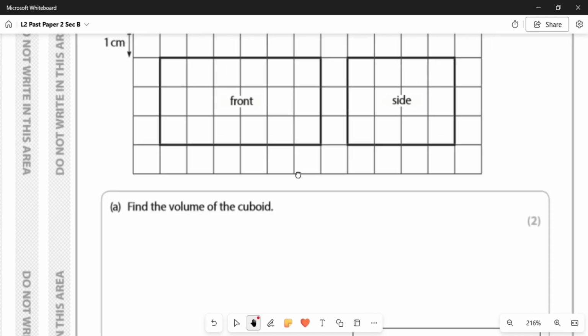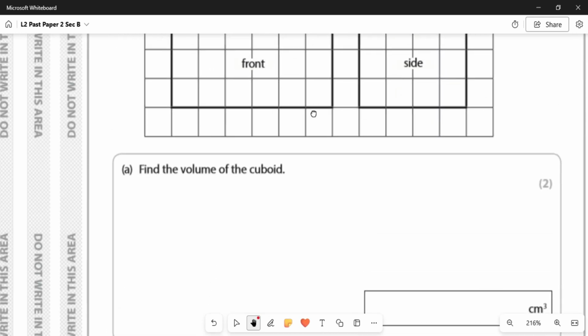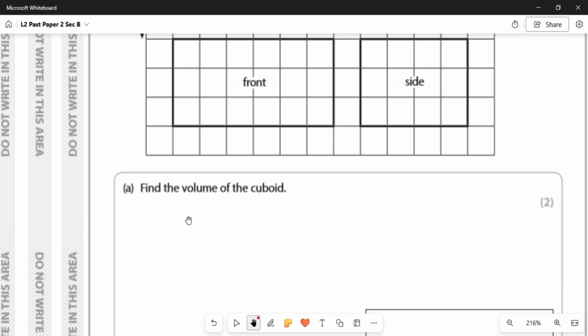So what I would do, if you're not sure, I would draw what they're talking about here. Just do a quick sketch. So how many squares across is it? 1, 2, 3, 4, 5, 6 by 3. So 6 this way, 6 centimeters that way, and 3 centimeters high.